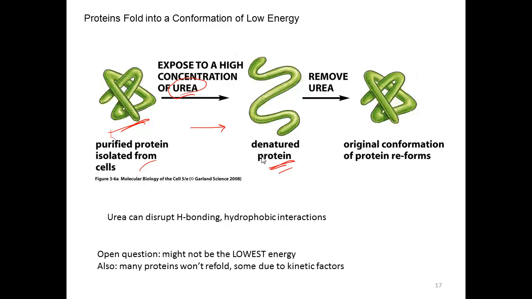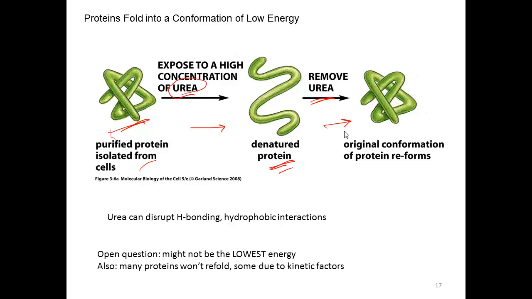So it unfolds the proteins because you don't have either the hydrophobic forces or the hydrogen bonding to cause the structure. And so then we're going to remove the urea by dialysis to get the urea away. And then the protein is back in its normal buffer. And for many or most proteins, the protein will refold back into its originally native state.